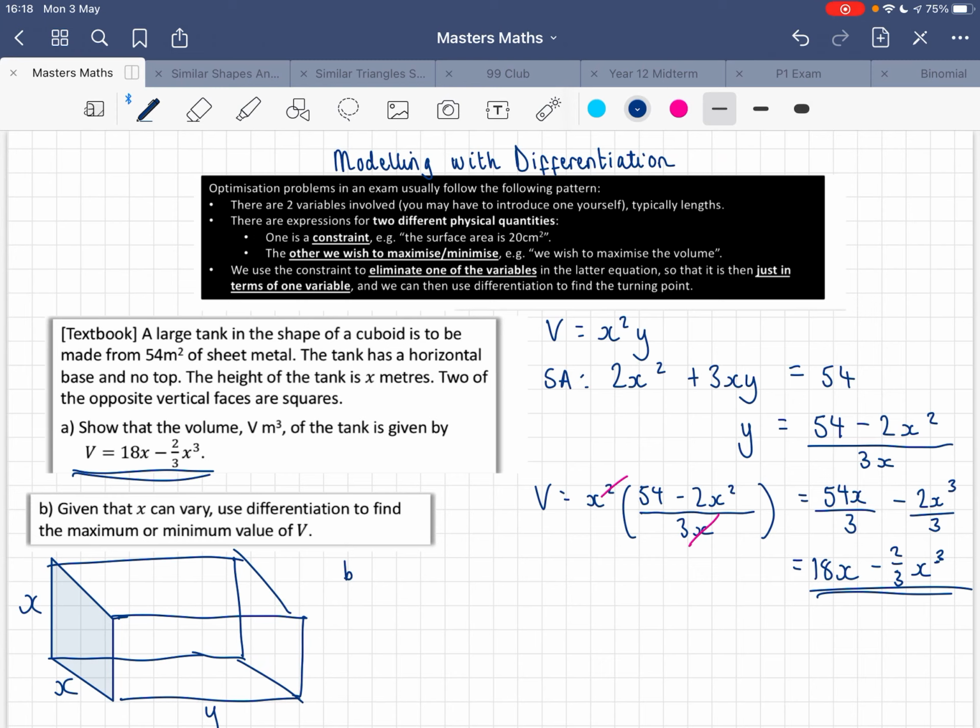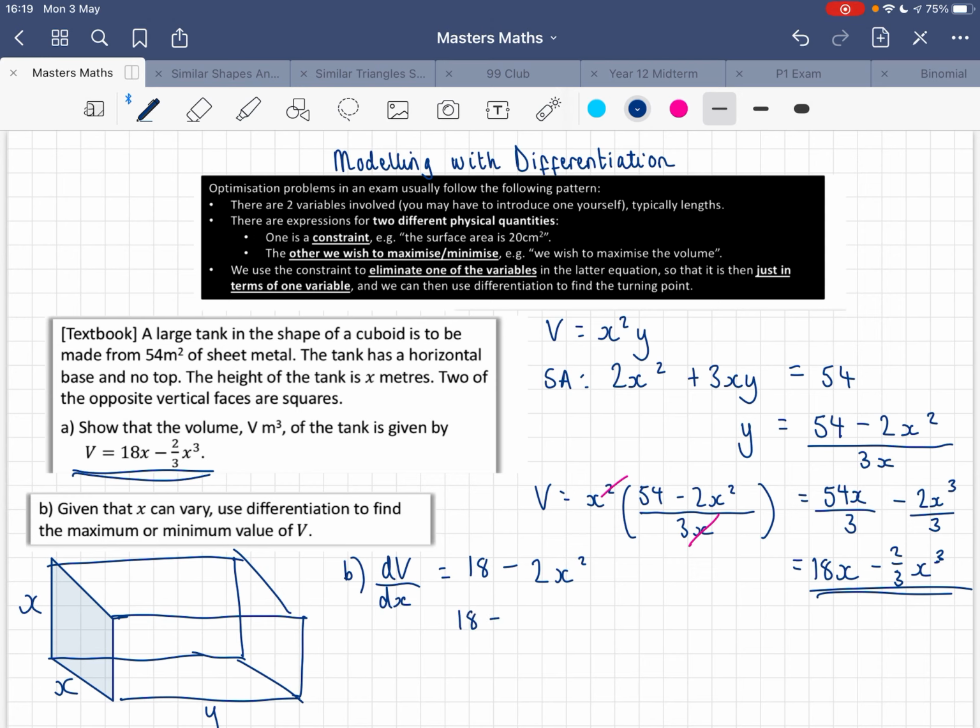So, part B, we are finding dv by dx, because we are differentiating v with respect to x, because our formula is v equals and it's in the variable x. So we're finding dv by dx, which would be 18 minus 2x squared. If we multiply the 3 by 2/3, we're left with just 2x squared.